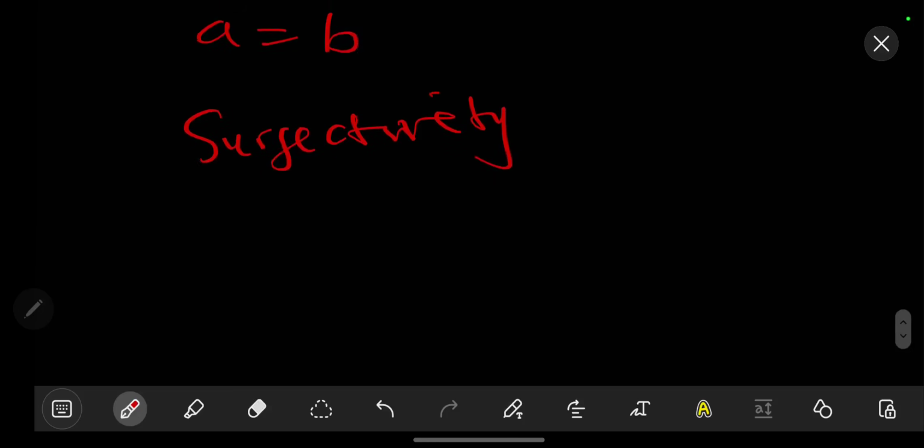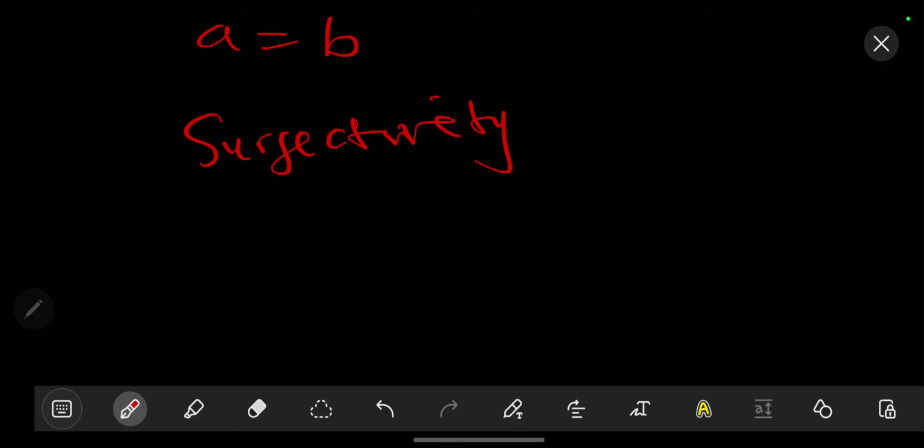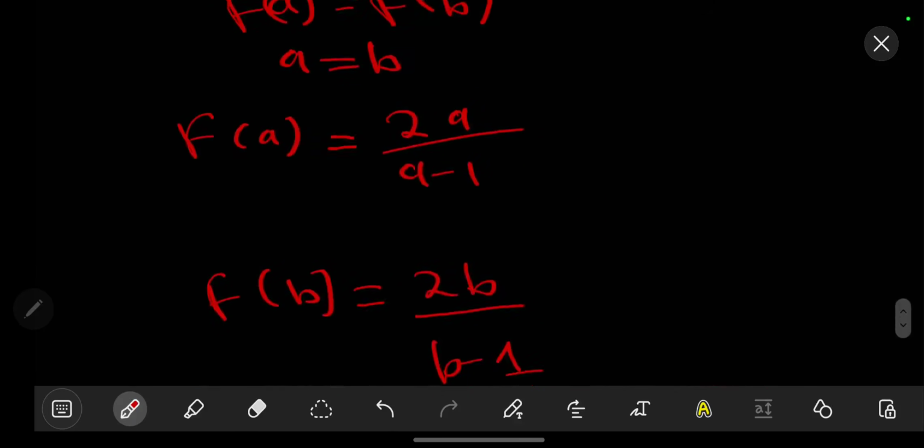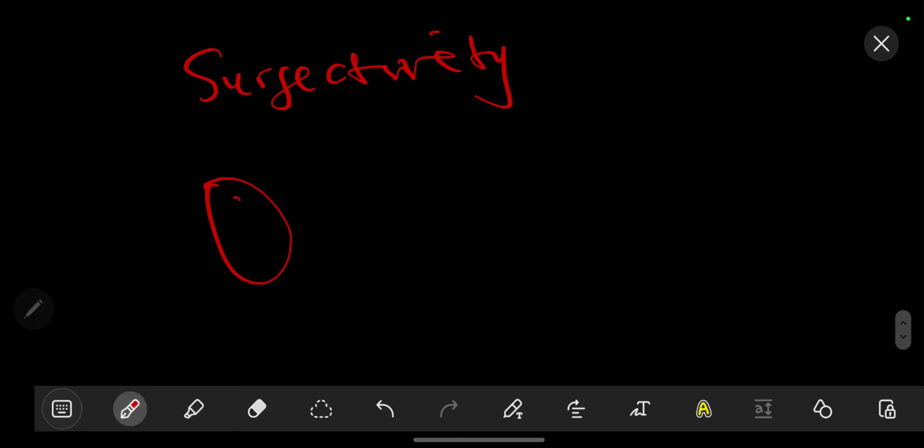So surjectivity means for every value of y there is an x value. Simply, if we have a, b, c and d, e, f, every member of y has got its own member of x.